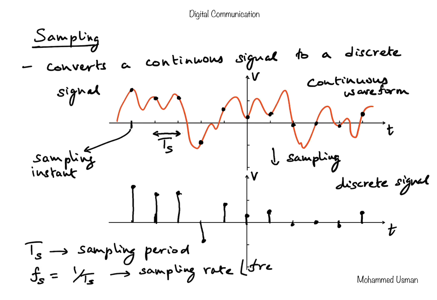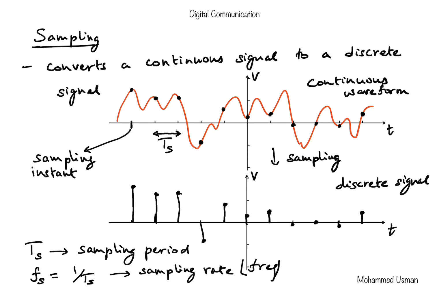So you can call it the frequency as well, which is measured as the number of samples taken per second. So these parameters play an important role in determining whether we are able to reconstruct our original signal from these samples.